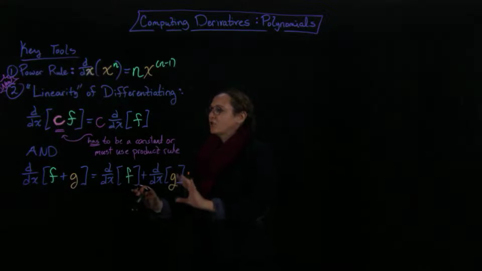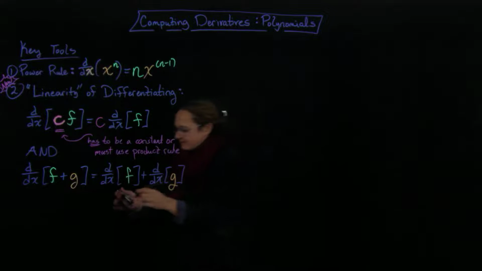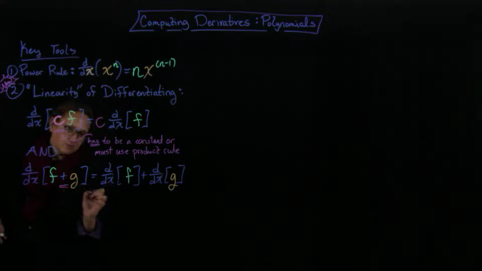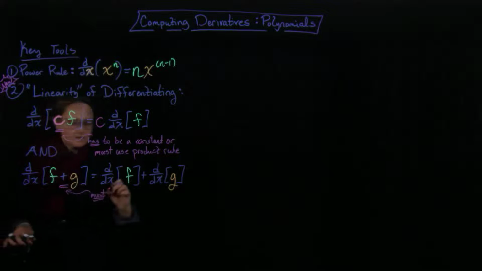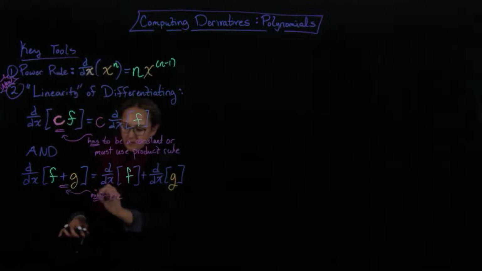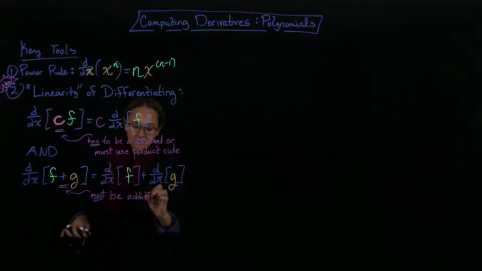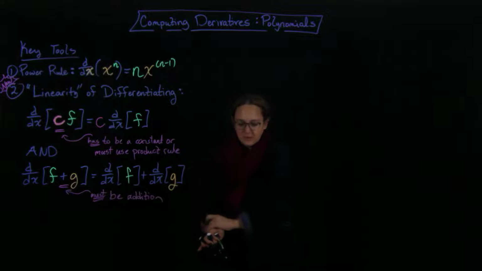What these two together allow us to do, and again, I'll emphasize this here: this must be addition, or you need the product rule. If it's a product, you can't do that with multiplication, so this must be addition. There's not an option to use this with multiplication. This is a very specific rule.